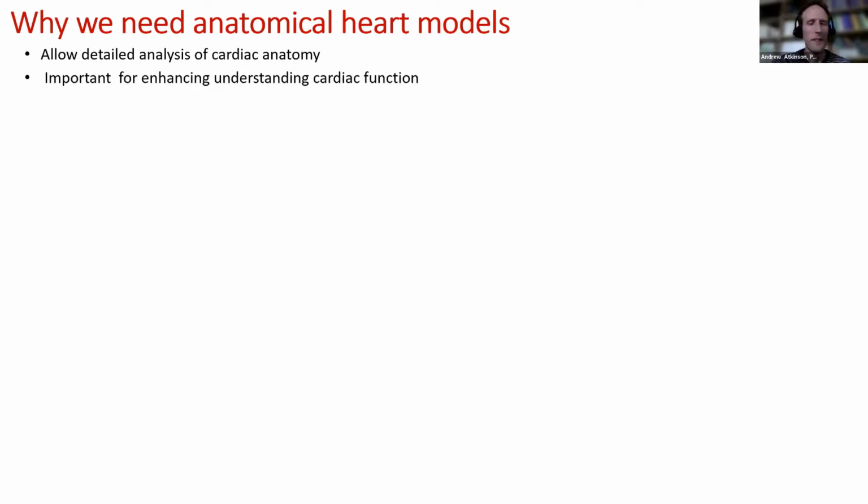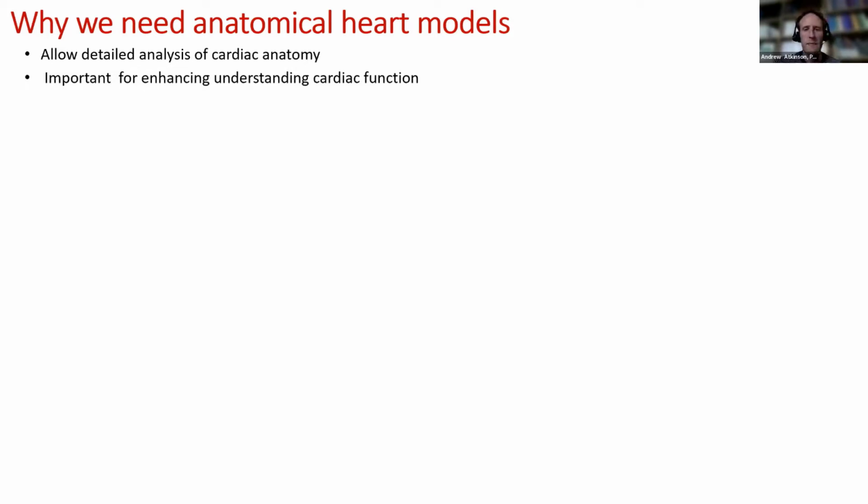I'll show from the micro-CT, everything's intact, so you won't miss out on any potentially interesting features. And so once we've got these models, we can look at how things change with diseases and in aging, as well as in the healthy normal heart.